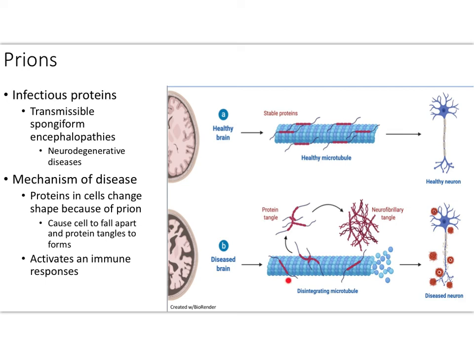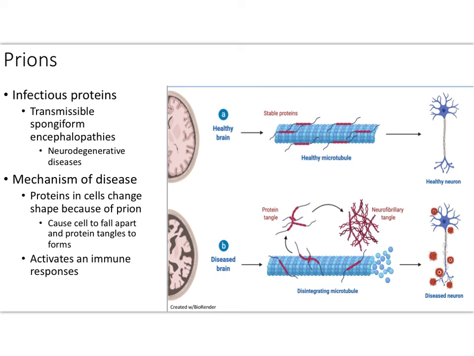As they change their shape, they start to lose their function. Things like protein tangles start to form, the microtubules start to fall apart, the cell membranes start to fall apart, and basically the cell that they have infected starts to die.